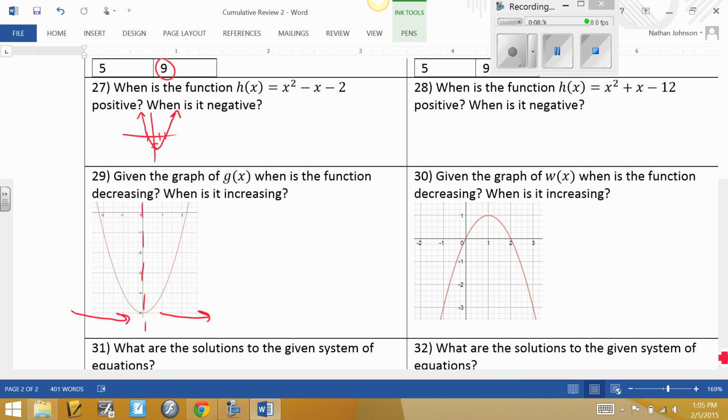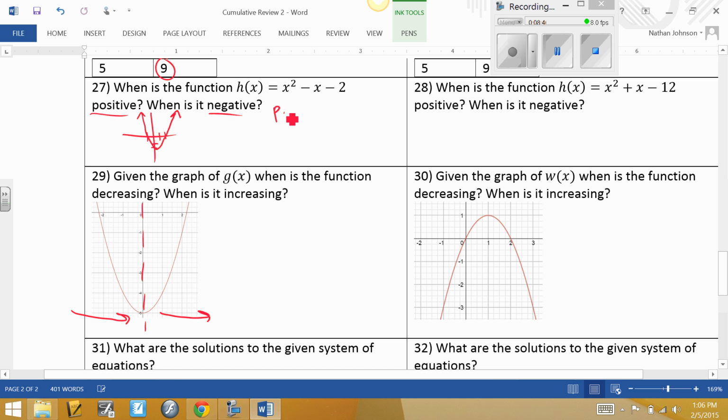Either way, I've done a sketch of this graph, x squared minus x minus 2. I can see that the graph has x-intercepts at (-1, 0) and (2, 0). So anytime it's above the x-axis, positive. Anytime it's below, it's negative.